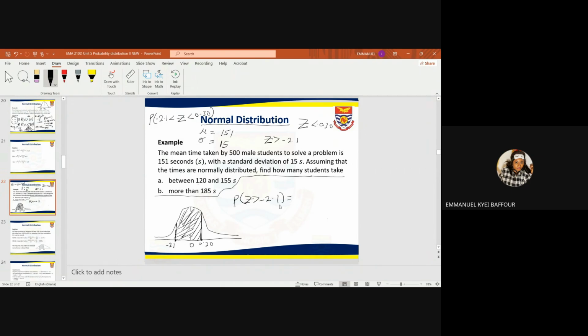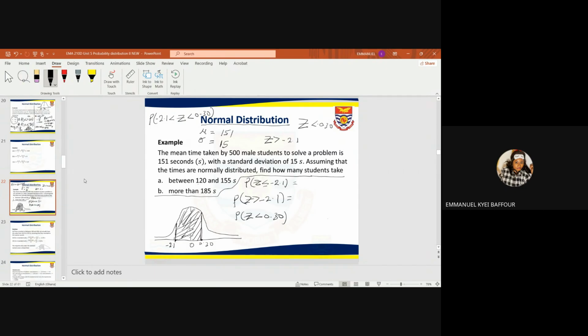After that, we calculate for Z being less than 0.30. But mind you, before we look out for Z greater than, we have to look out for Z being less than or equal to negative 2.1. So let's deal with the 2.1 first.